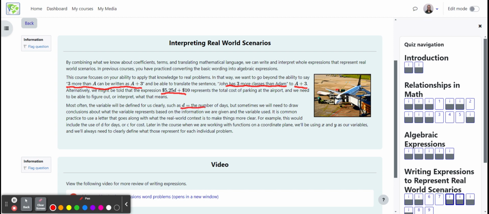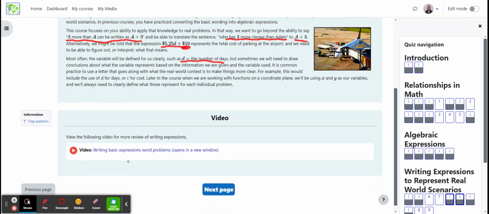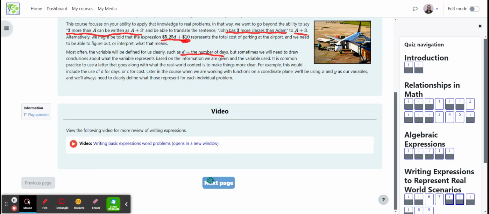D would be the number of days that we spend at the airport. So it would be $5.25 a day plus this $10 flat fee. The flat fee is whatever is being added or subtracted. If we need some extra help, there's this great video right here that you can take a look at.